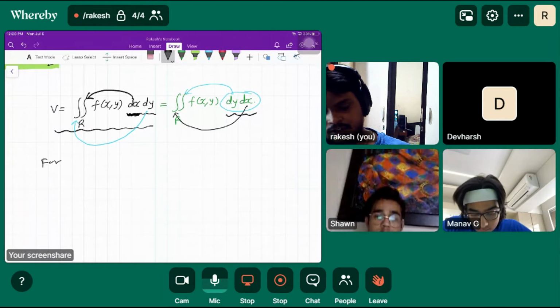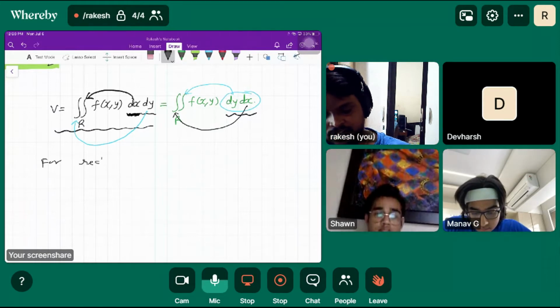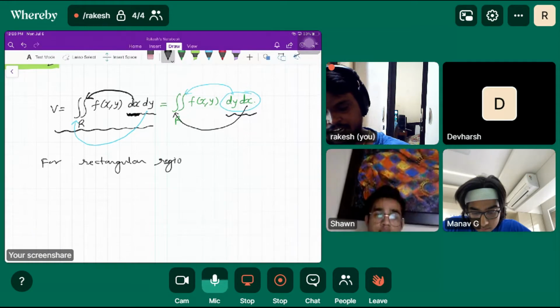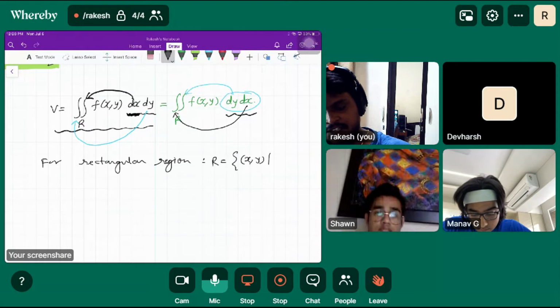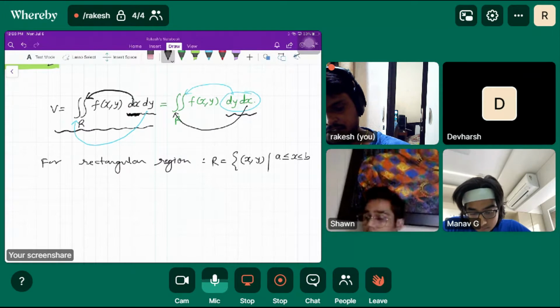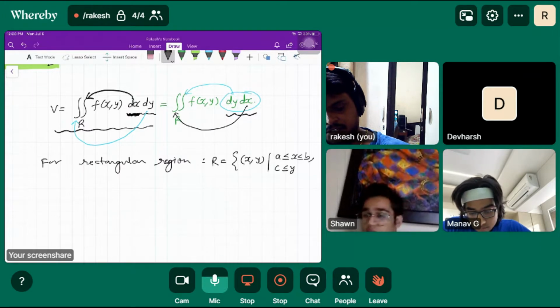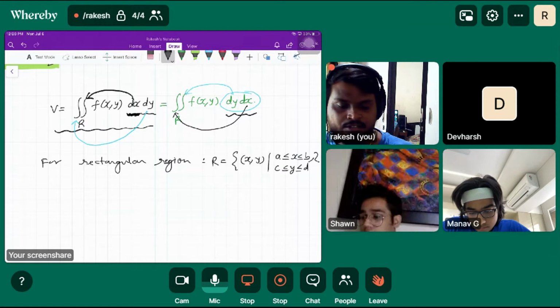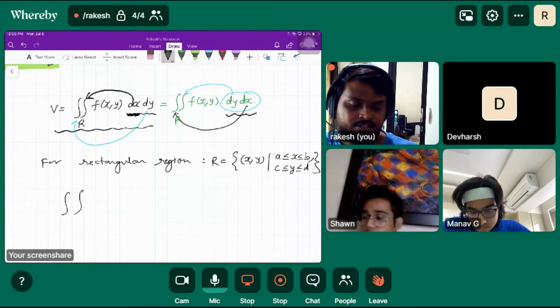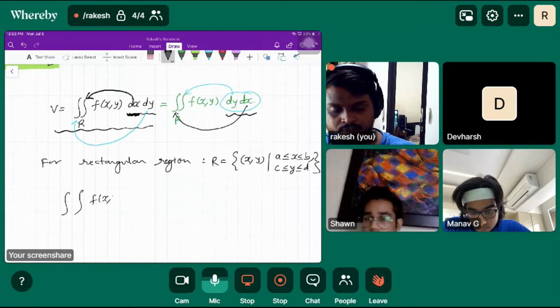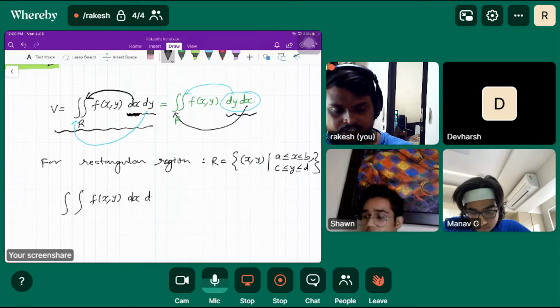Like a rectangular region R, (x, y) such that a is less than x less than b, and c less than y less than d. Then this is f of x comma y dx dy.